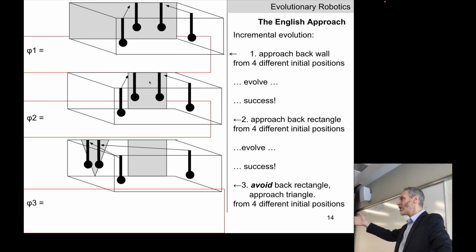Once evolution could solve this intermediate task with intermediate complexity, they paused the evolutionary algorithm again and then swapped in this third most difficult fitness function, and they did manage to evolve a robot that would move away from the square and towards the triangle.